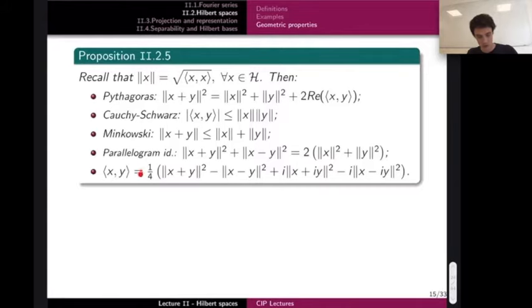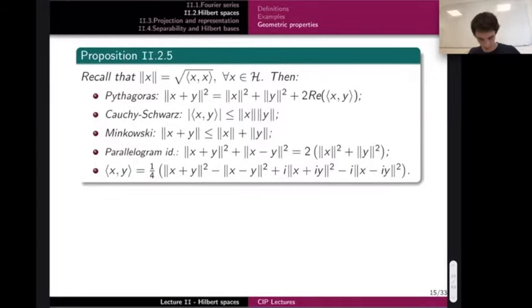And this one is called the polarization identity, which is nice because if you read it from right to left, you see that to have the value of the inner product, I only need to know the values of the norms. The first one I will not prove because it's quite straightforward; you just develop it. The Cauchy-Schwarz inequality is actually the only one that I will prove, because the other ones are all derived from computations.